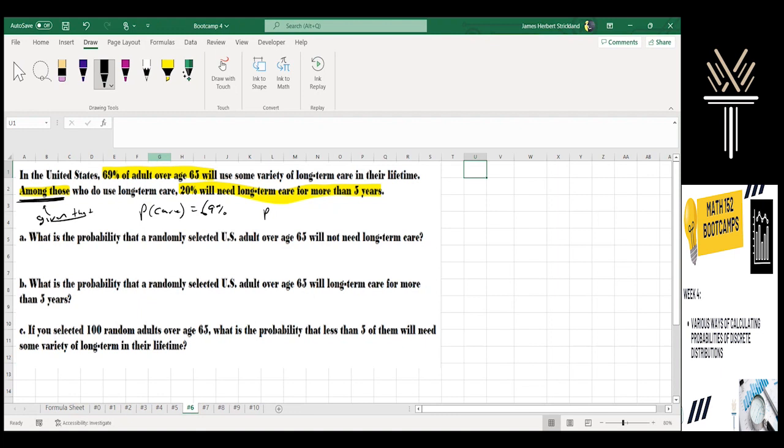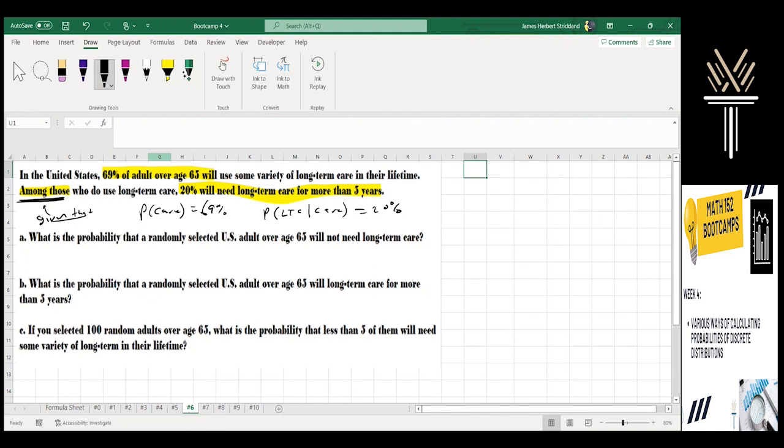So it's another way of saying given that, which means the probability that you need long-term care, given that you need care in general, is 20%. That's what the two probabilities above are saying. 69% of anybody in that age range needs adult care, some form or another. And of that group, of those 69% people, 20% need long-term care.